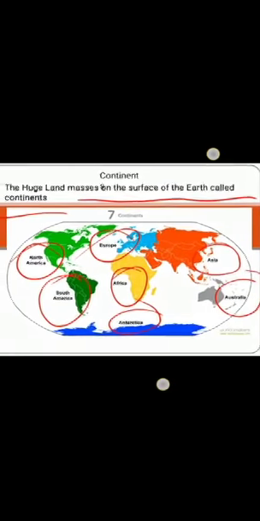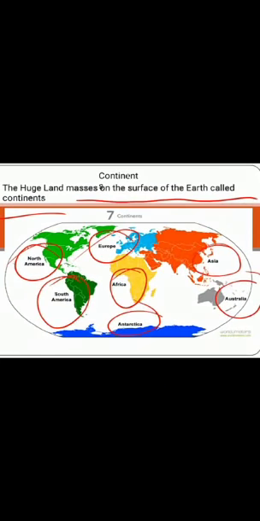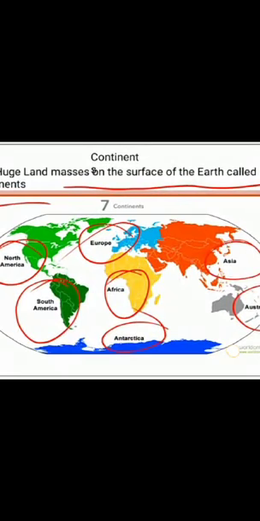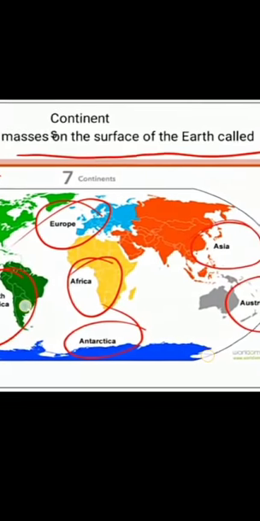Now let's talk about continents. The huge land masses on the earth's surface are called continents. You can see here these are the continents: Europe, Africa, Antarctica, South America, North America, Asia and Australia.